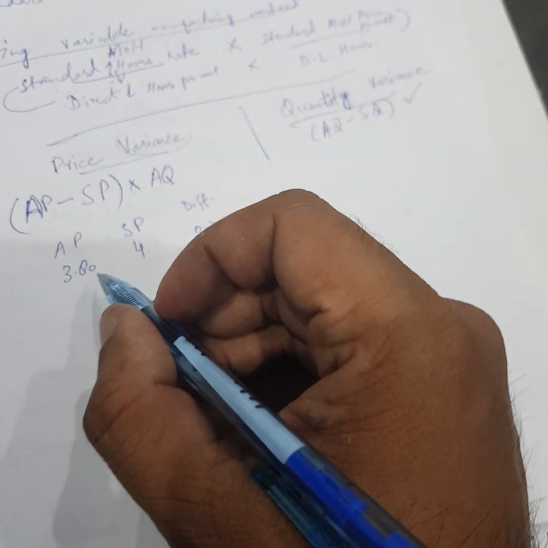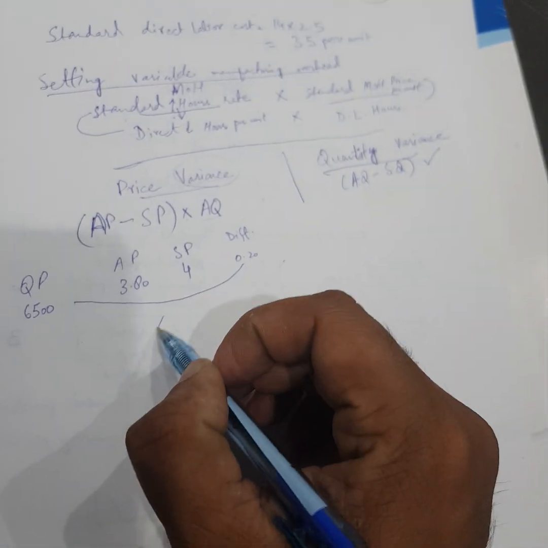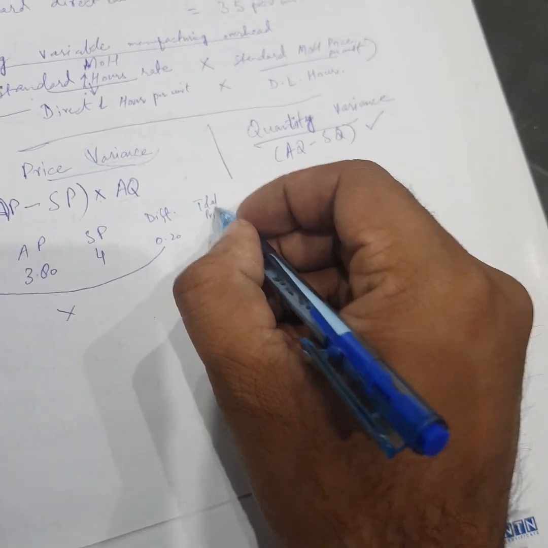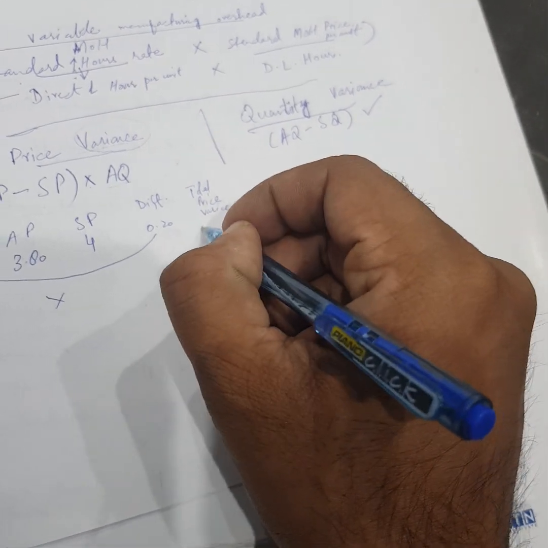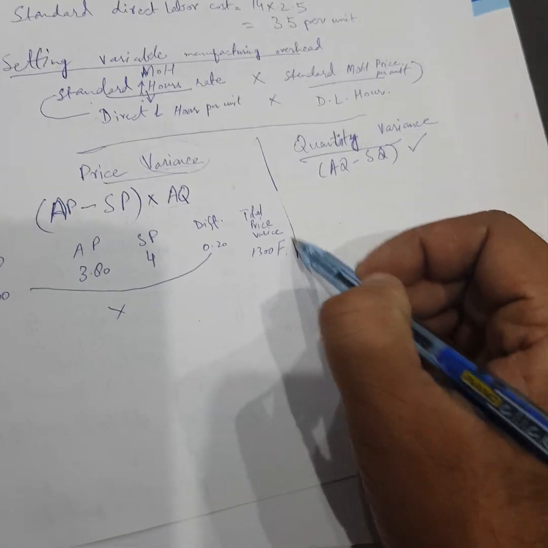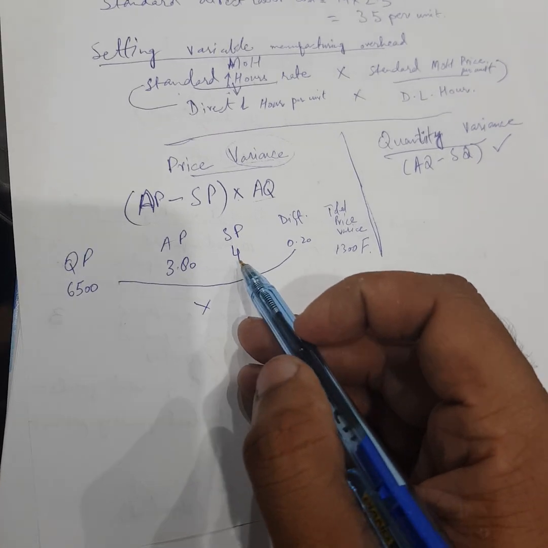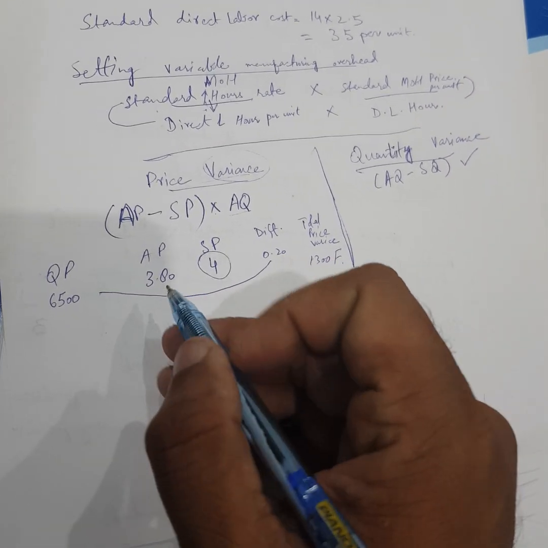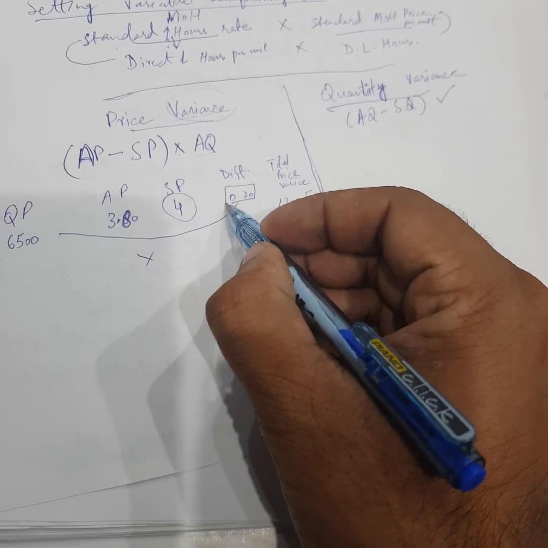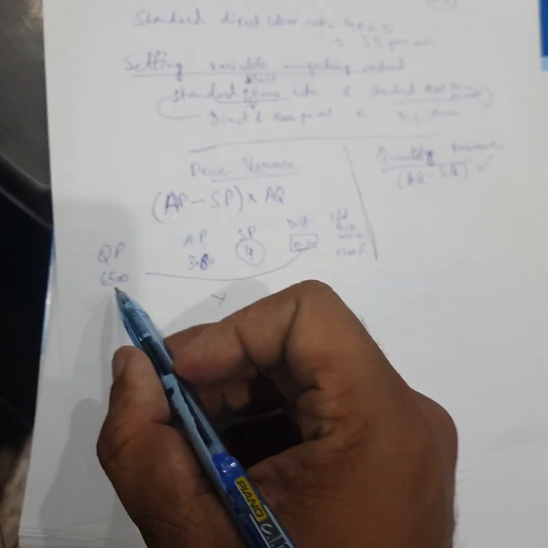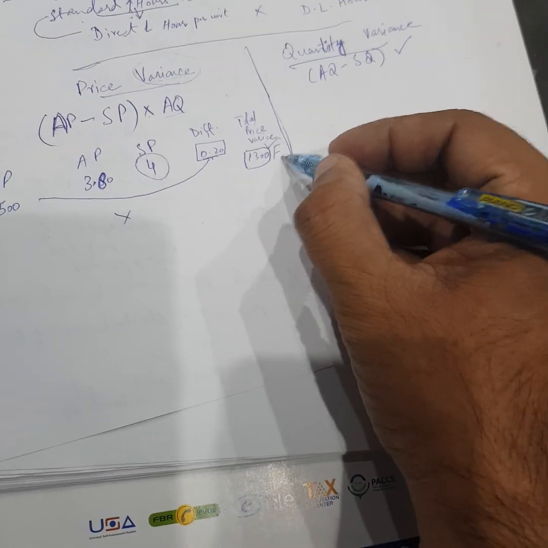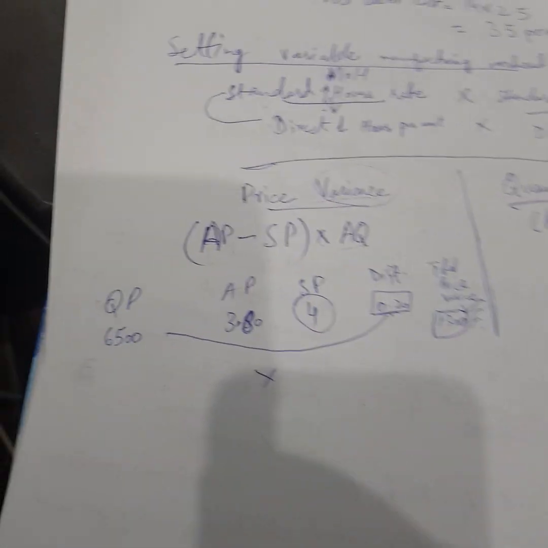If we multiply this 0.20 with 6500, the total price variance will be 1300. It is a favorable price variance, because in our standard the price should be 4, but with the actual price in the market we got a 0.20 benefit, and this benefit is multiplied with the 6500 units. Our saving is 1300 rupees, so it is a favorable condition in price variance.